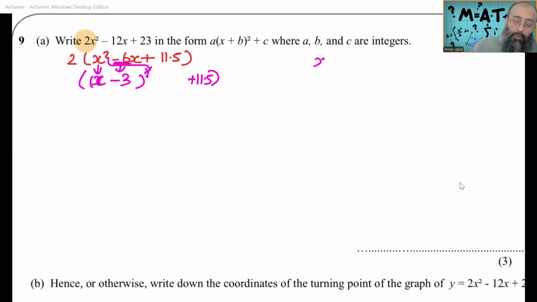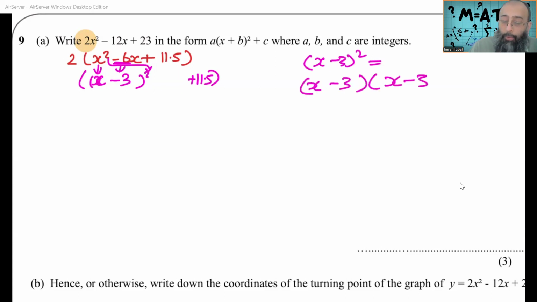Now if we take x minus 3 squared to the side and we work that out, we will get x squared minus 3x, minus another 3x.